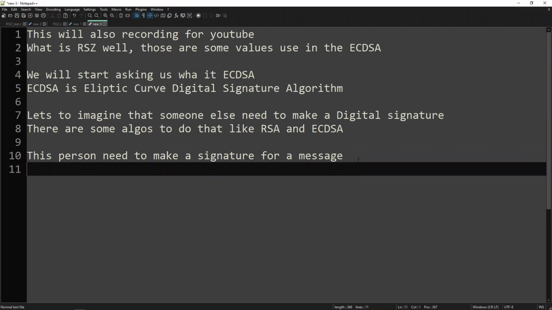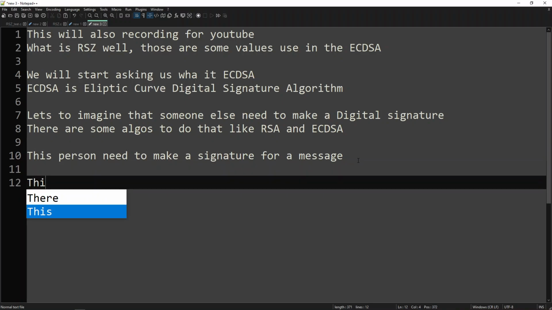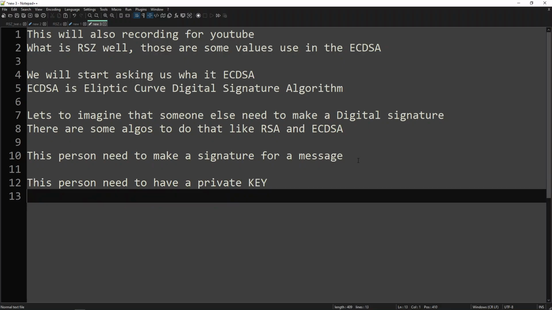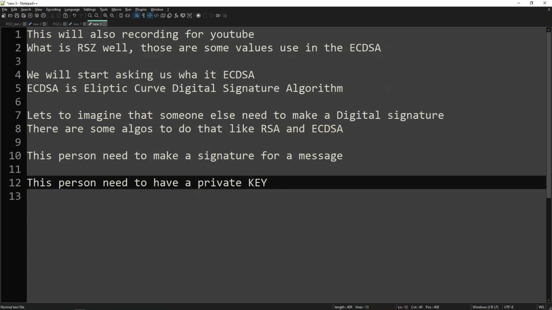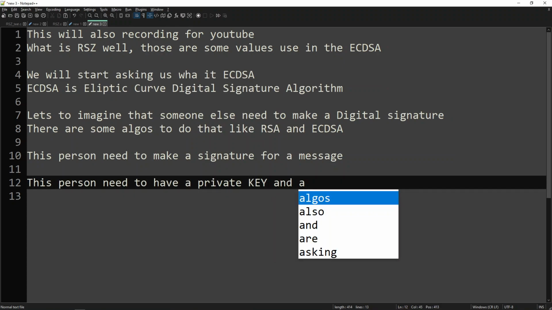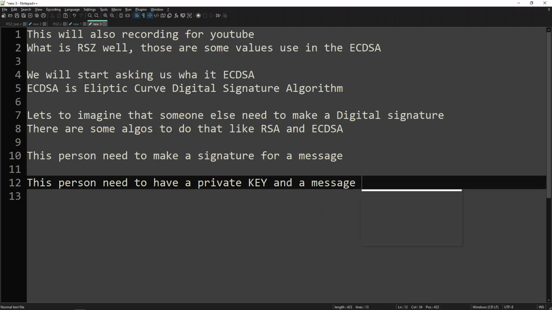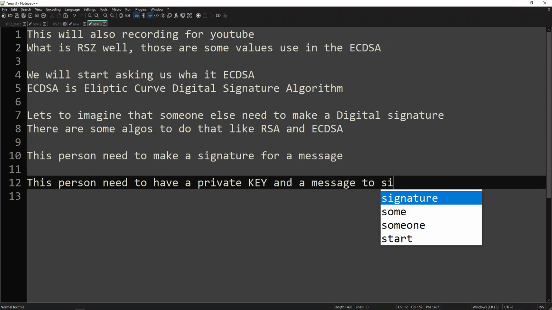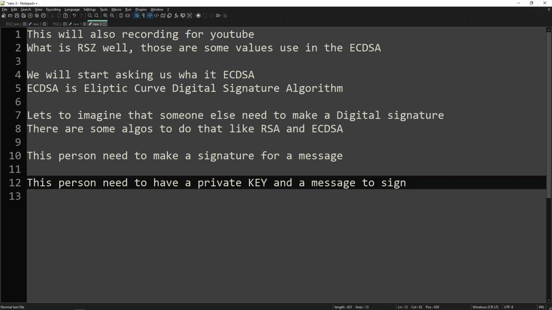So let's imagine this person needs to have a private key and a message to sign. Okay. Let's do this with an example.